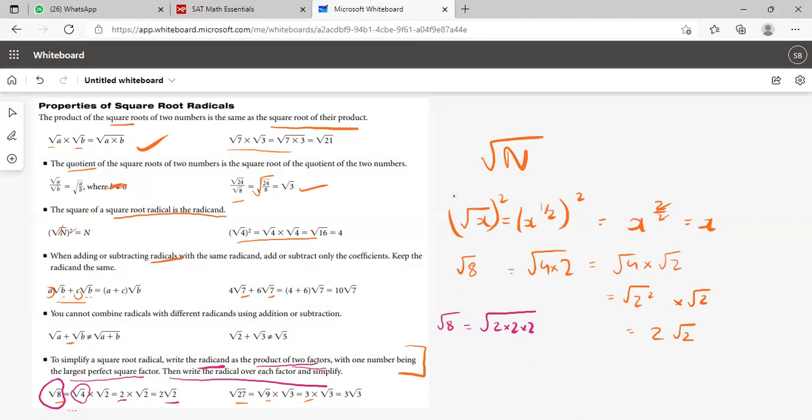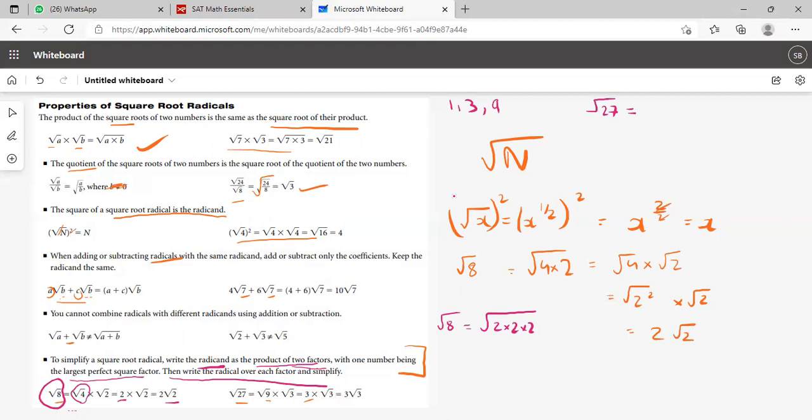Okay, let's talk about this example. I have under root 27. Now, if I start factorizing 27, I know 1 is a factor, 3 is a factor, 4 is not a factor, 5 is not, 6 is not, 7 is not, 8 is not a factor, 9 is a factor.